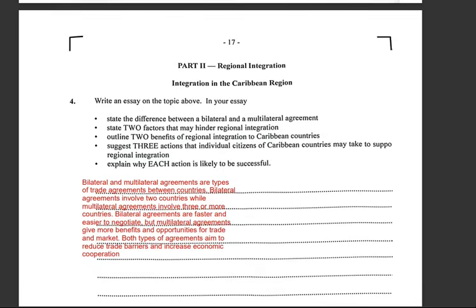Alright, good. Let me see here. So the question says to explain why each action may be likely to be successful. If we choose one of the answers I chose before, identifying the objective and scope, we would see how best regional integration helps the country.